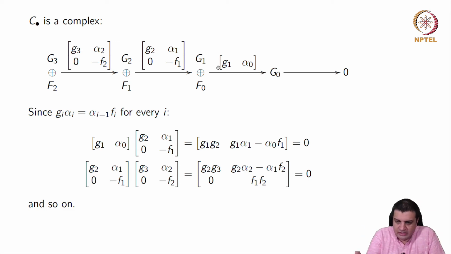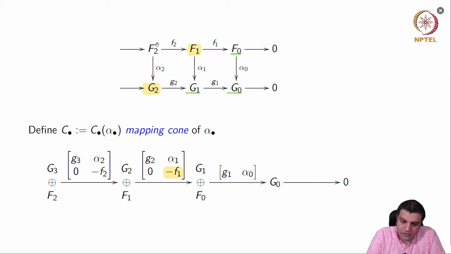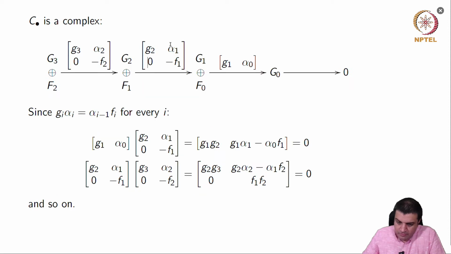Why? Let's check this. We should check that this map here, from G2 direct sum F1 to G1 direct sum F0, composed with the next map, should be 0. Remember, the maps are applied in the opposite order.